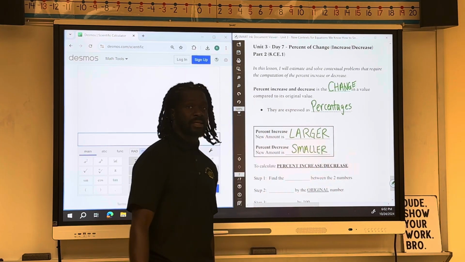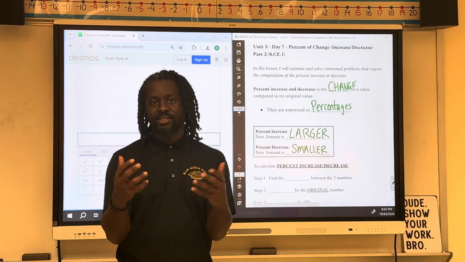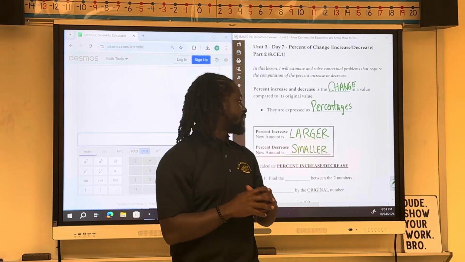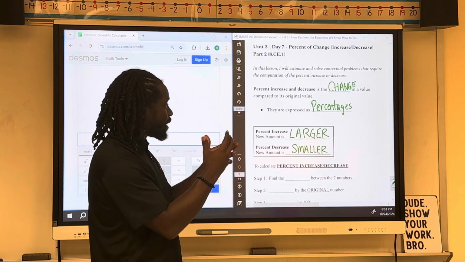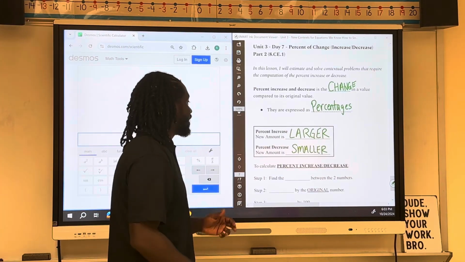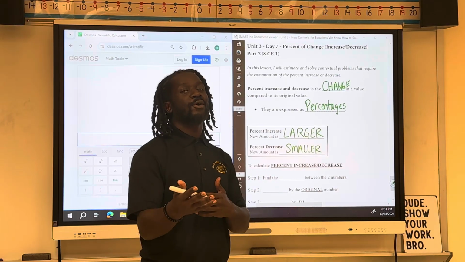Okay. And a saying that Miss Cluck has coined to help us remember the setup for finding the percent of change is no O, right?